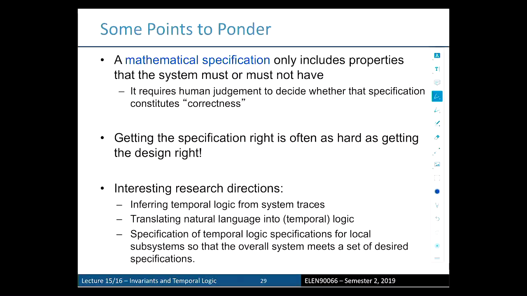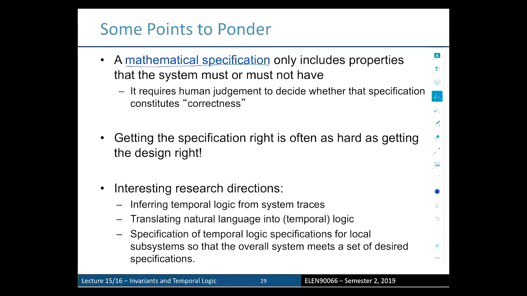Now, important things to remember, or if you want to make a lot of P sounds, some points to ponder. If I write the specifications, we are really just writing the properties that the system must or must not have. It really doesn't say anything about what those properties mean. It's just a way of expressing properties.